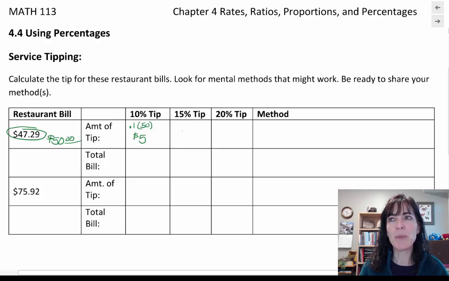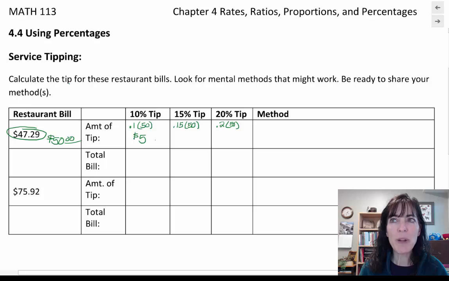A 15% tip is going to be 0.15 times 50, and this is a mechanical method of finding the percents, and then 0.20 times 50.